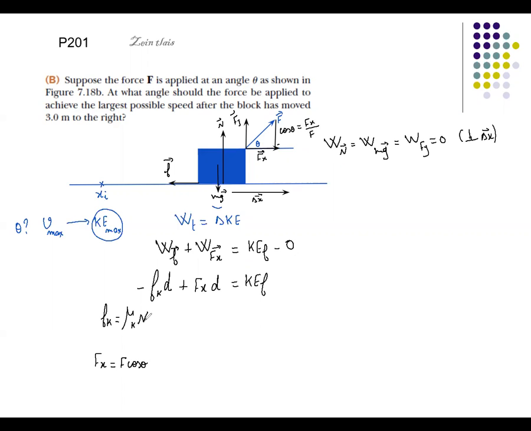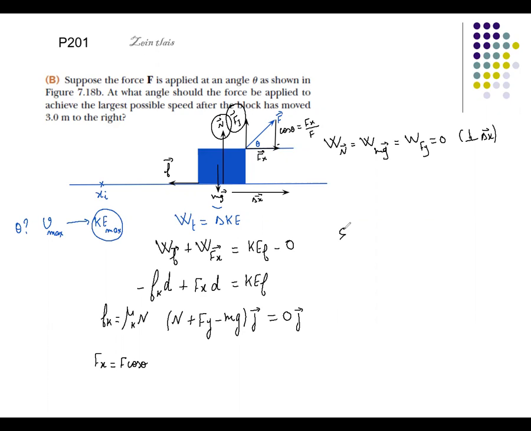Here we have to calculate N. To calculate N, we have to do the projection in terms of y. You see here in the direction of y we have N positive plus Fy in the positive direction, and we have minus mg, in the direction of j, equals 0j.